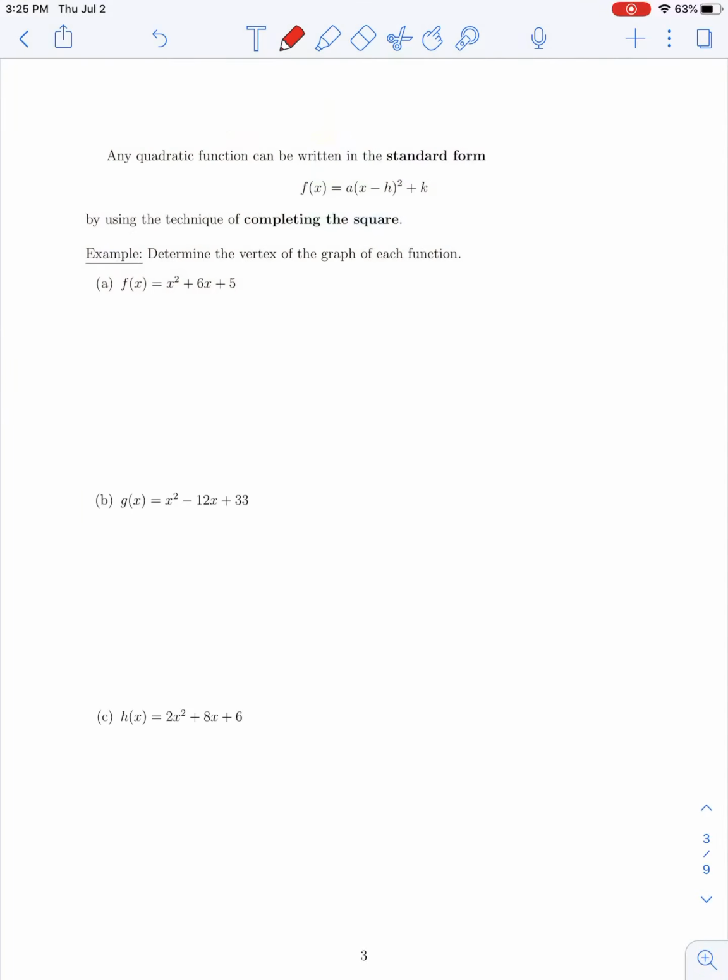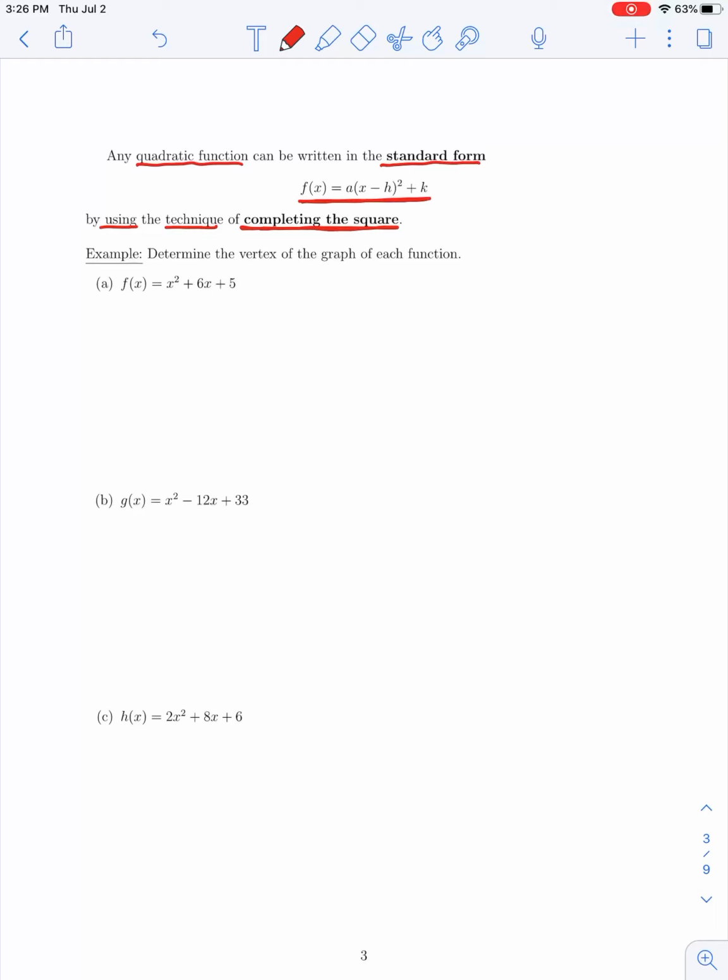So this form that we were considering for a quadratic function is called the standard form. Again, that is the form f of x is a times x minus h quantity squared plus k. And we can write any quadratic function in that standard form by using a technique known as completing the square.